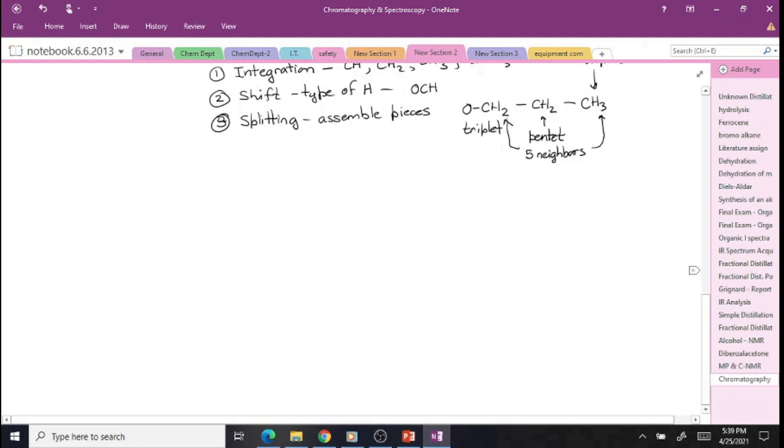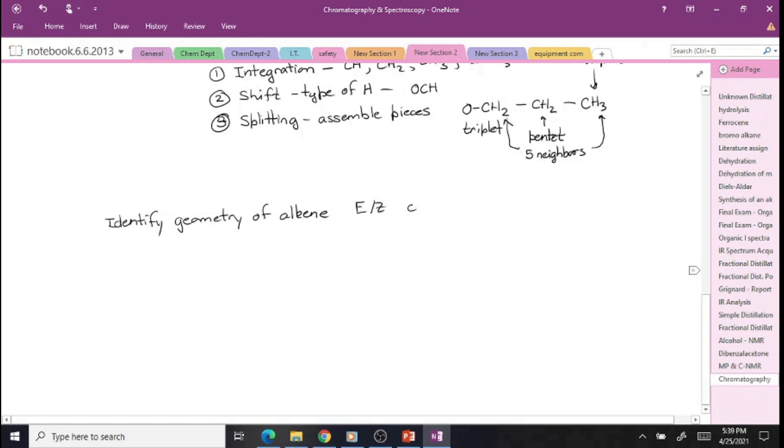Now we've used the proton NMR for further analysis for alkenes in particular. So you should be able to use the NMR spectrum to identify the geometry of an alkene. Specifically, is it E or Z?